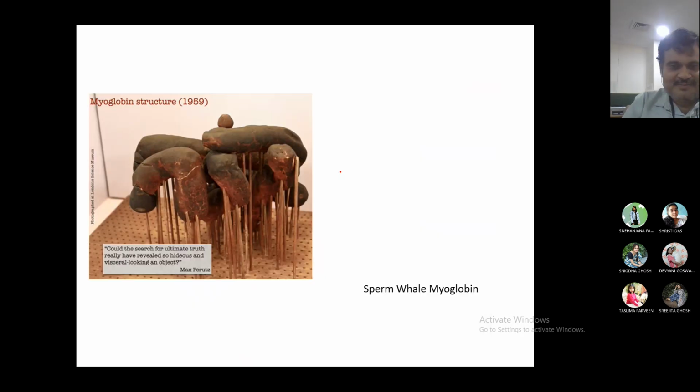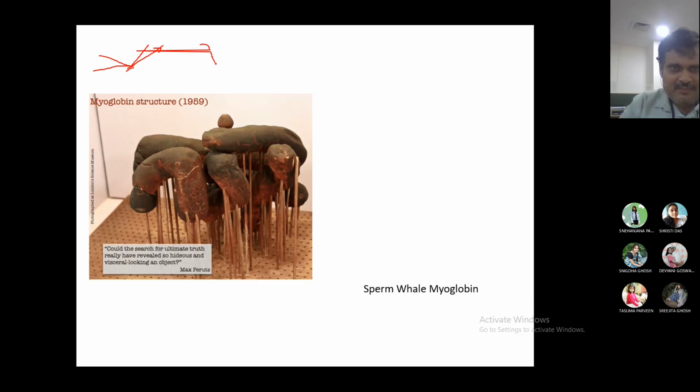That was myoglobin. And why was it this kind of a visceral shape? Because at that time, with the X-ray shot on the crystals, you cannot get to very fine angles. So the overall resolution of the structure was very poor.